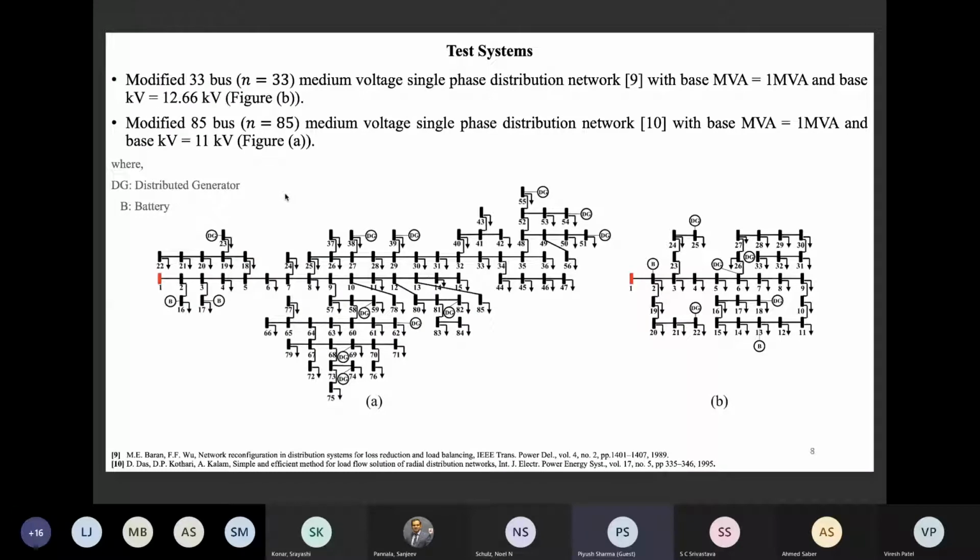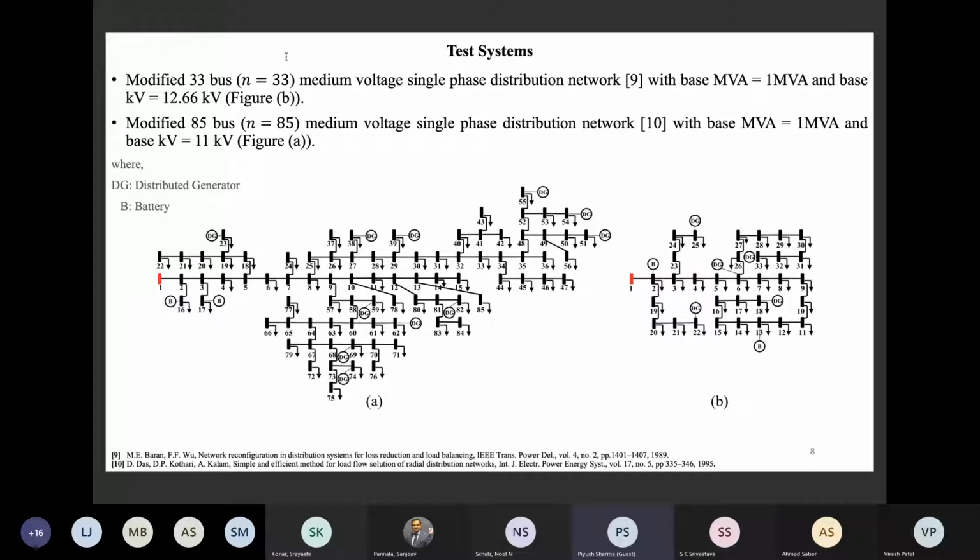So we tested our continuation optimal power flow approach on two different test systems, a 33 bus distribution network and an 85 bus distribution network. We modified them by placing various resources, distributed generators and batteries, at different locations.